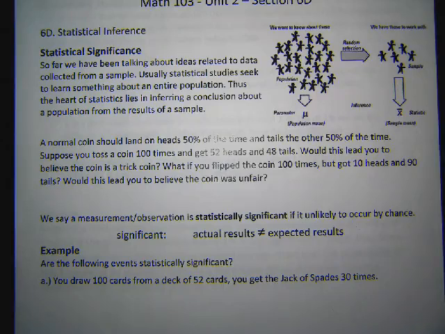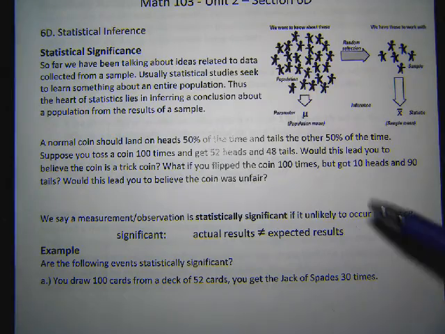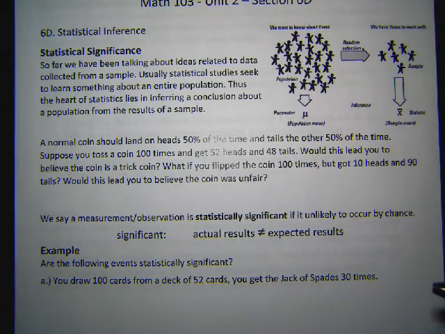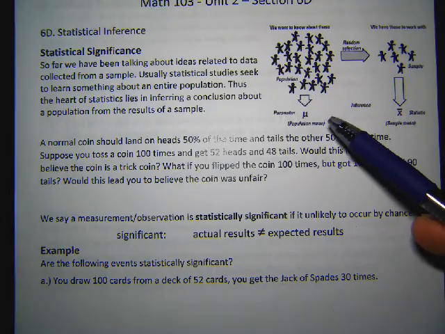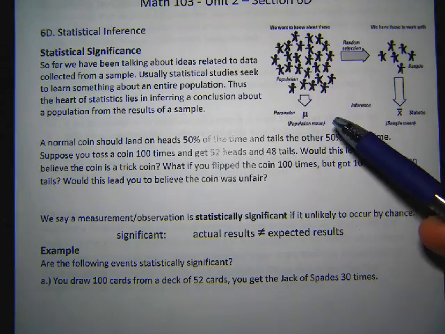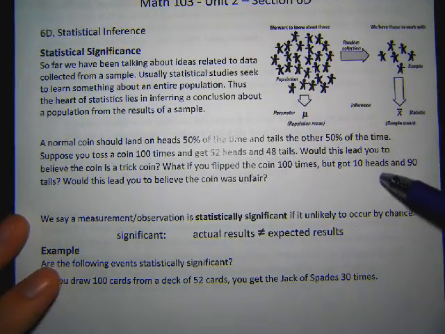If you think the mean of a population is 5 feet 7 inches, and you take your sample and you get like 6.5 feet, that's way higher than 5 feet 7 inches. So then you start thinking, well, maybe my assumption that the mean was only 5 feet 7 inches was wrong. Maybe this group is taller than that. So that's what we do. We take a sample and we look for things that are unusual.